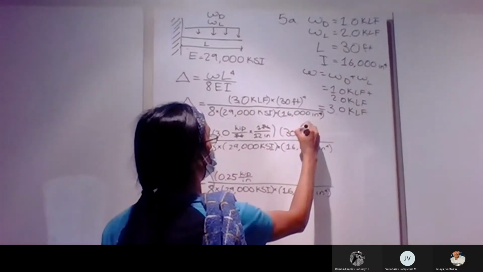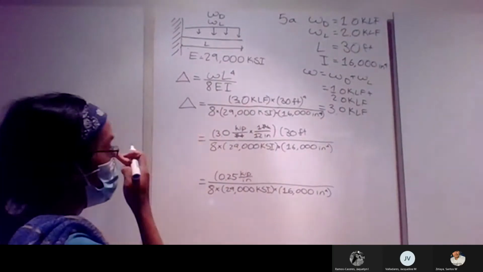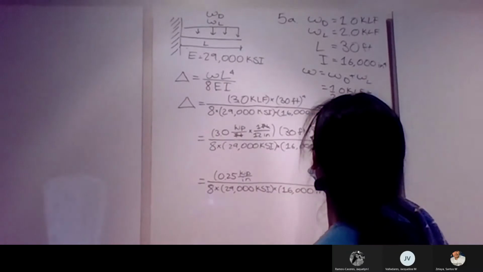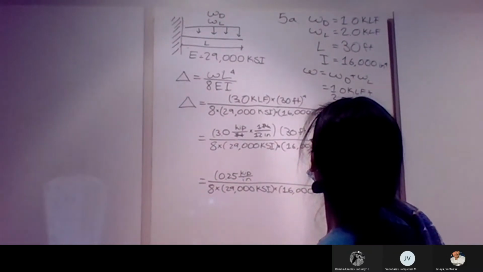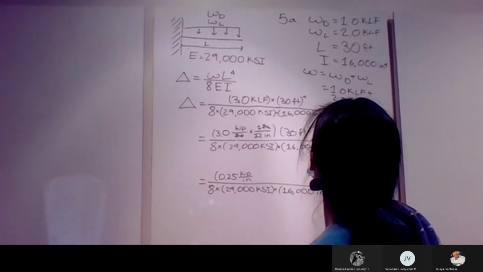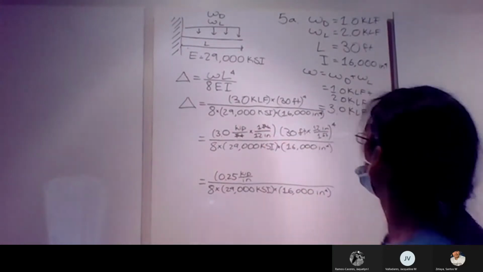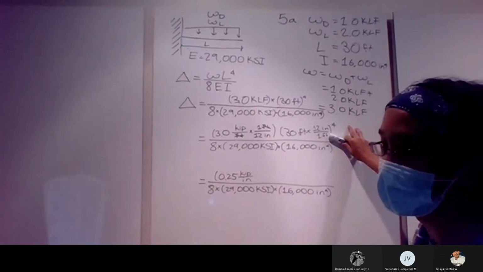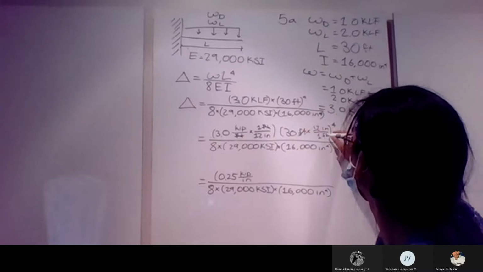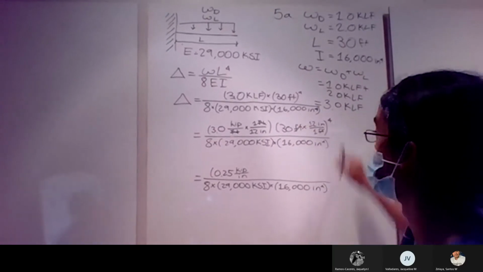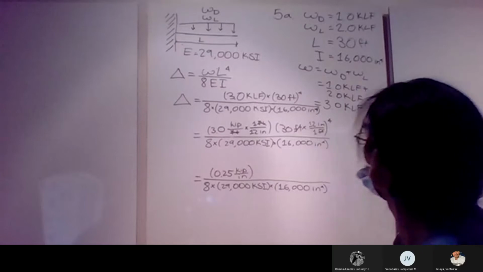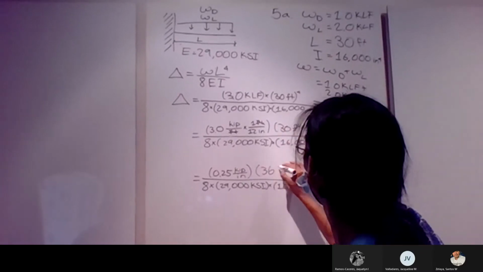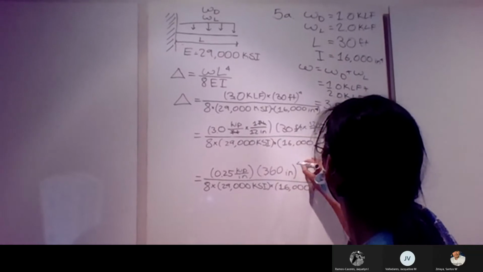So we have 30 feet and we're going to multiply it by, not 1 foot over 12 inches this time, but 12 inches over 1 foot. Why do we flip it? Well, foot is on the numerator right now, so we have to put the foot in the denominator so these two can cancel out. So we're left with inches on the numerator. 30 times 12 gives 360 inches to the 4th.